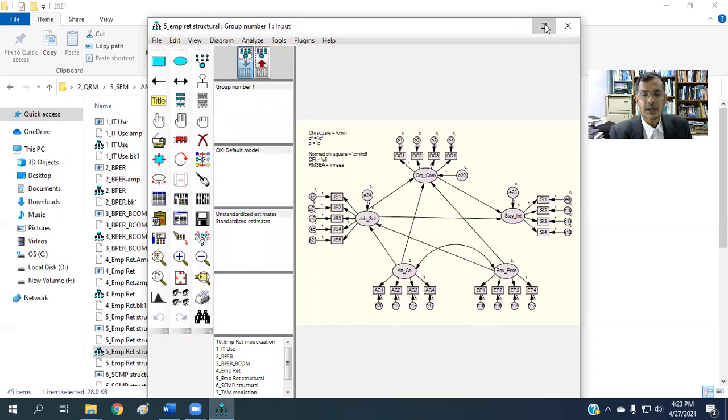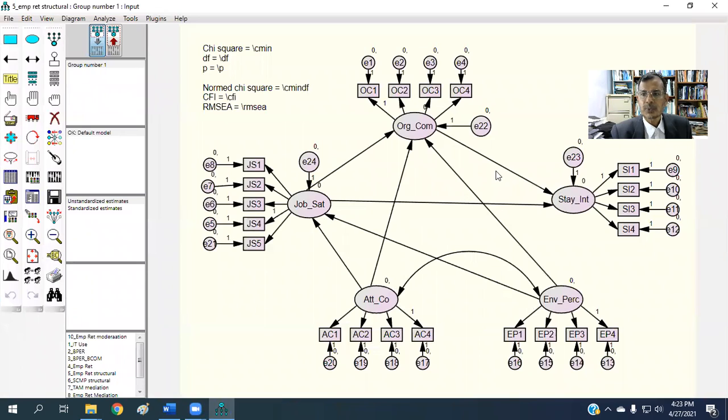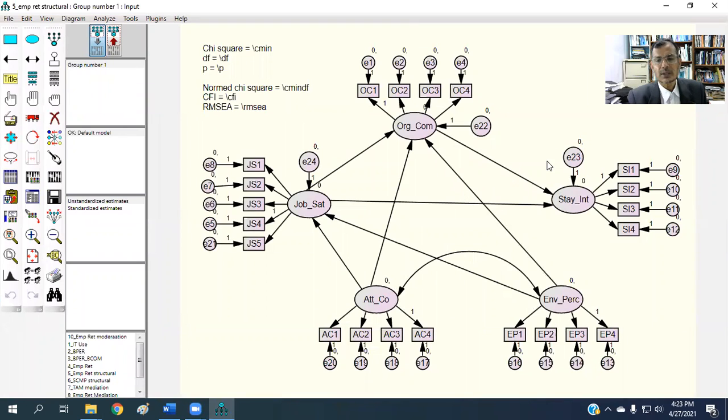So this is the model I was just referring to. I will be using this model to test mediation. Now, in this particular model, there are so many possibilities of mediation. For example, we can see job satisfaction to organization commitment to staying intention.